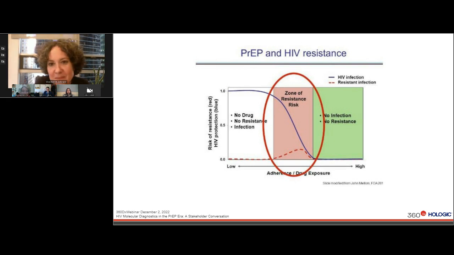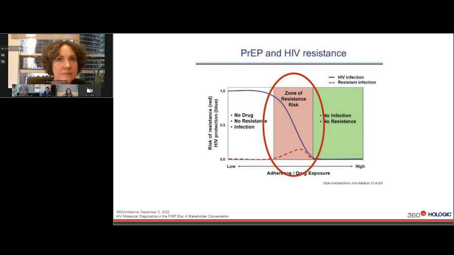Sure. So it's important to understand that PrEP is typically highly effective. For patients who adhere to their PrEP, first of all, infection is rare, and certainly the development of de novo resistance is very rare in those patients. There's another cohort of folks who have quite poor adherence to PrEP.